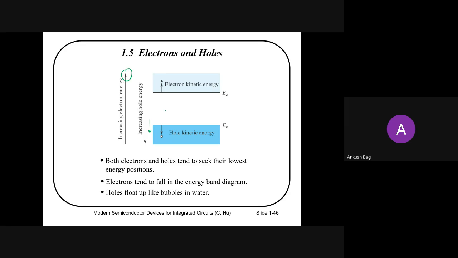We can understand this using the water filled tube analogy we discussed, where you can consider electrons as water droplets, whereas holes are bubbles in the water. This is a simple analogy. Here you can see holes will float up like bubbles in water.